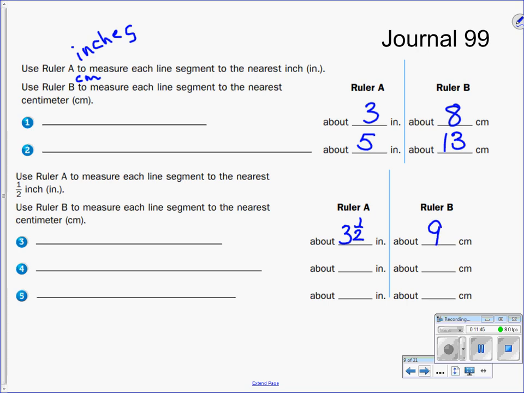And remember, we're measuring to the nearest 1/2 inch. Number 4, that line segment measured in inches was about 4 1/2 inches, and with the centimeter side, it should have been about 11 centimeters. And then number 5 is about 4 inches, and about 10 centimeters.